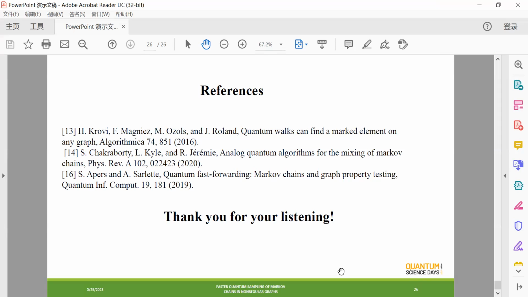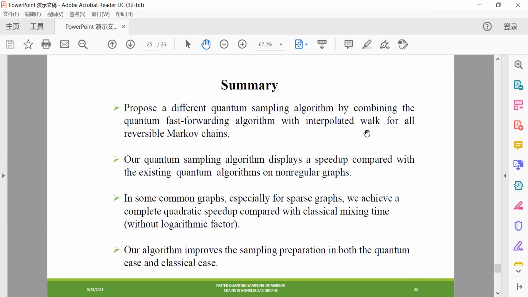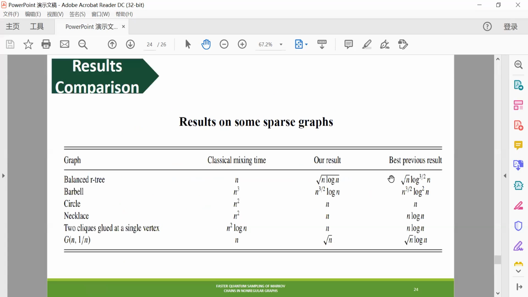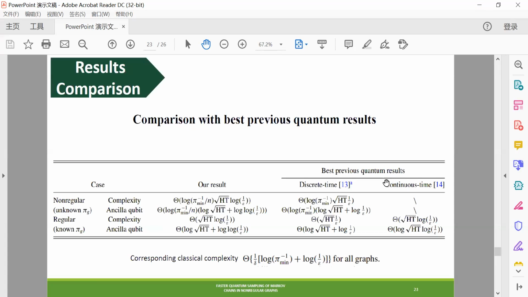We just consider non-regular graphs. We think we can't get the quadratic speed up. We just compared with the classical case and existing quantum results, and we can get the speed up like this.